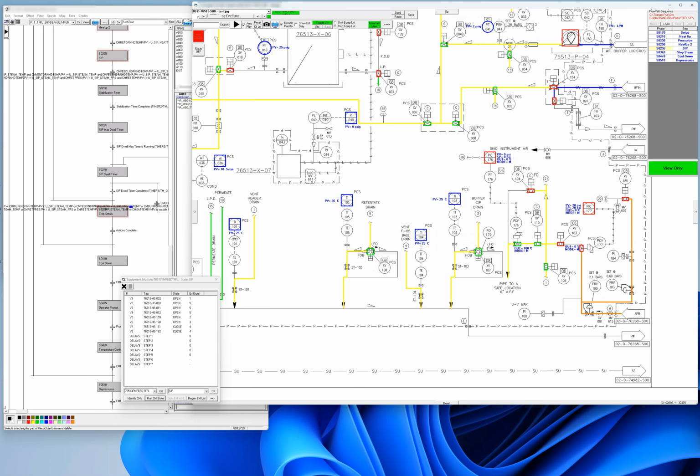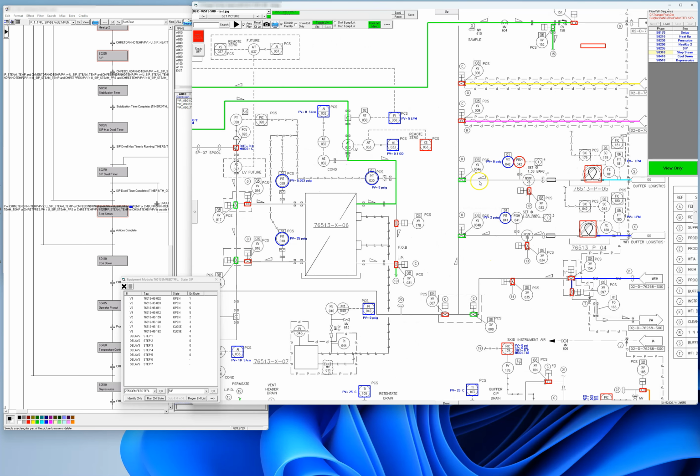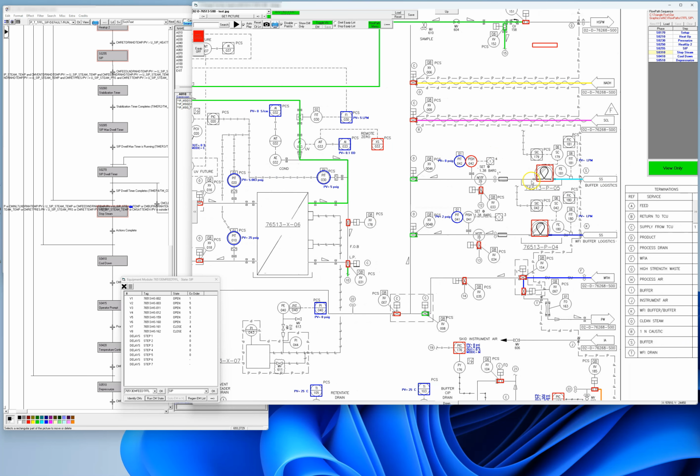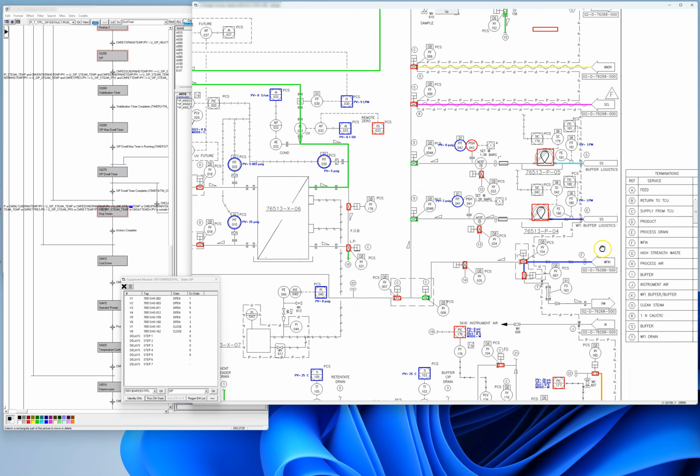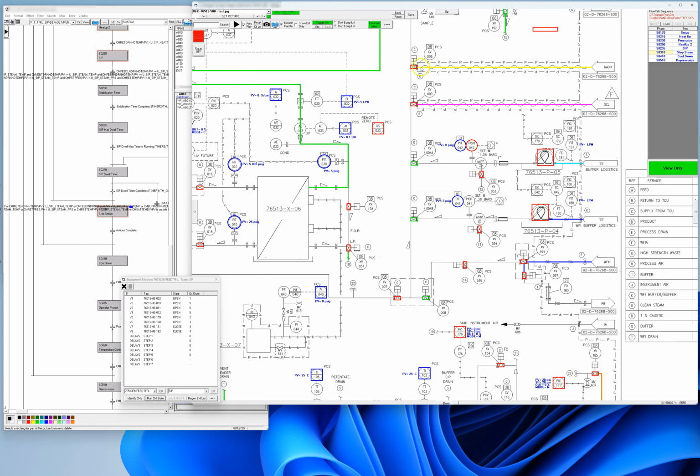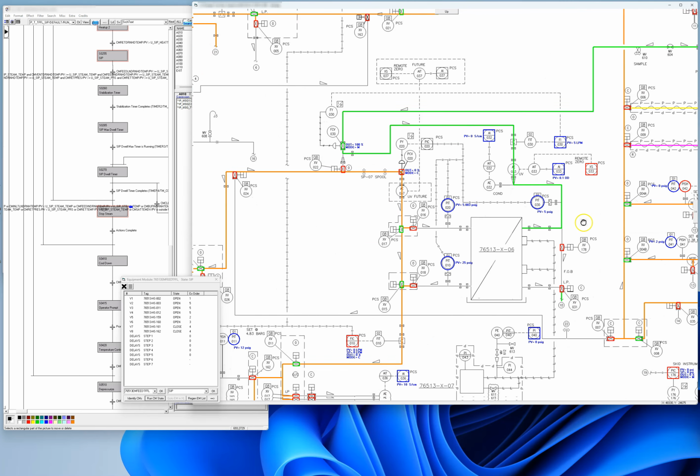Then this step 310, it shuts off the SIP line, which I believe is this line, this yellow line. And you'll cool down. This is how it looks like.